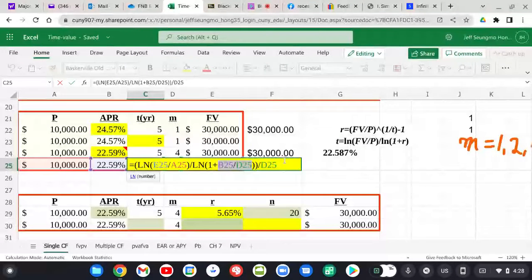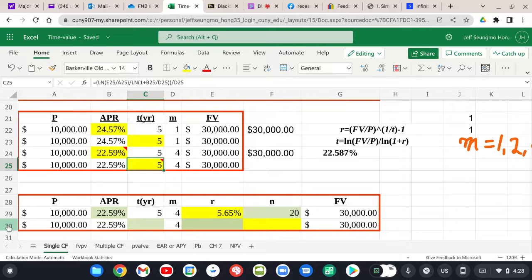So when you use the quarterly rate, it will give you time in quarters. Then when the time is given in quarters, you need to convert it into years because the problem is asking for time in years, right? Okay, did that answer the question? Thank you. All right.